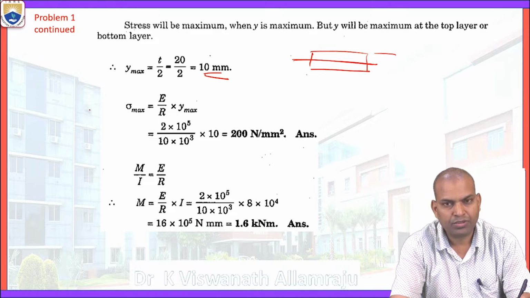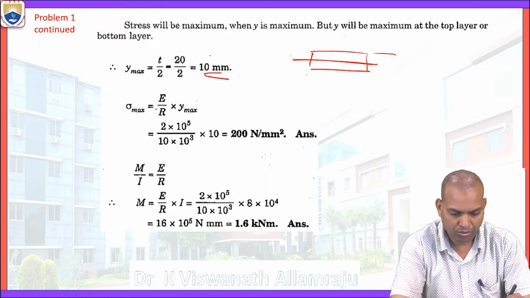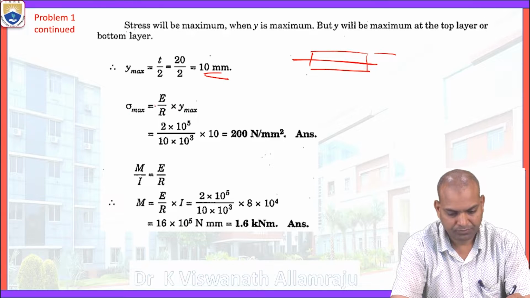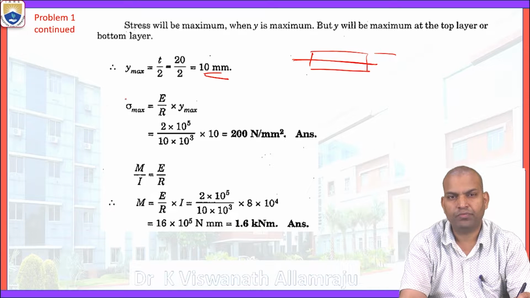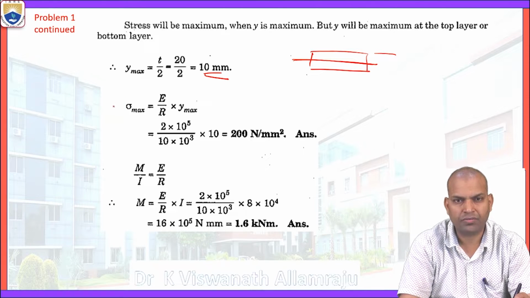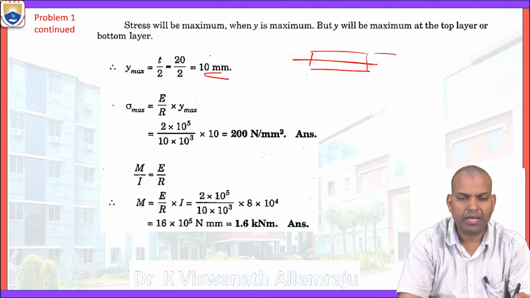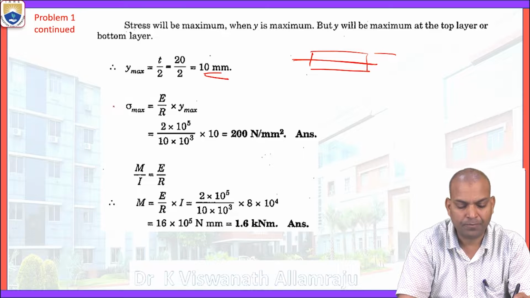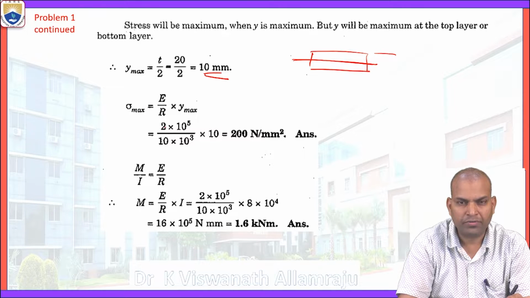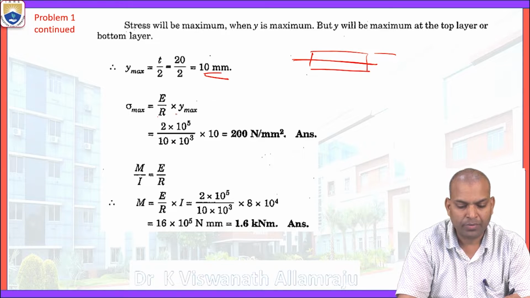So sigma maximum equal to E by R into y maximum. Substitute the values of modulus of elasticity, radius of curvature and y maximum: 2 into 10 power 5 divided by 10 into 10 cube, and y maximum is 10.